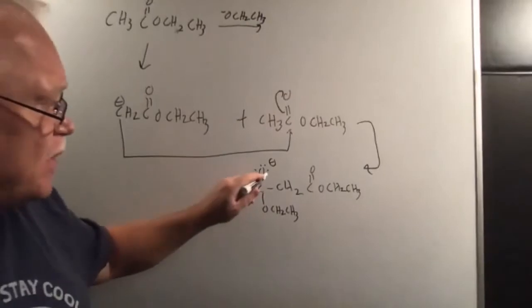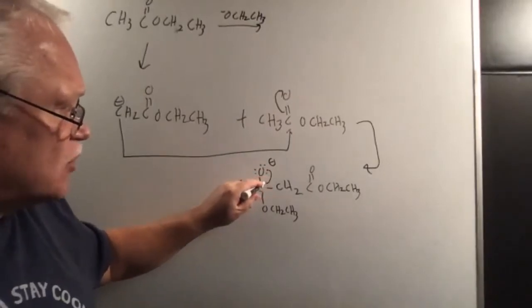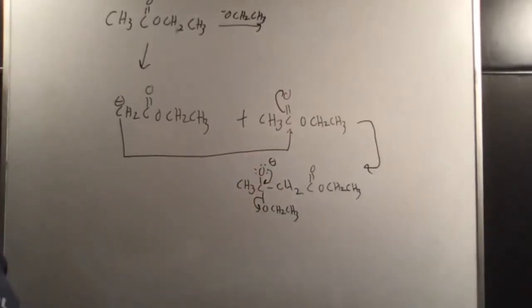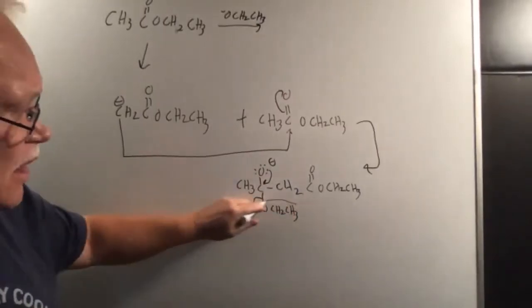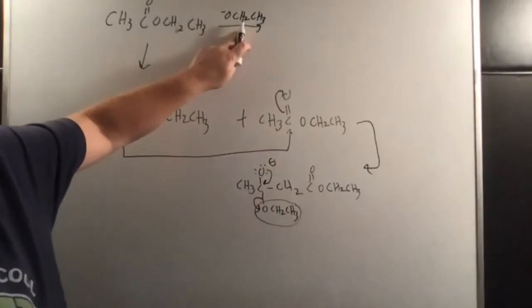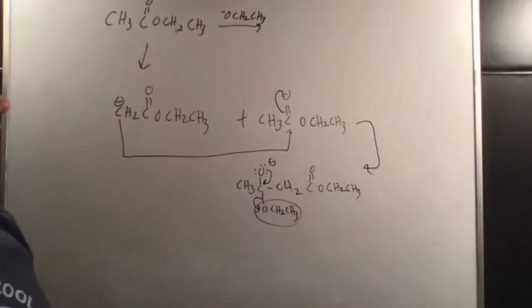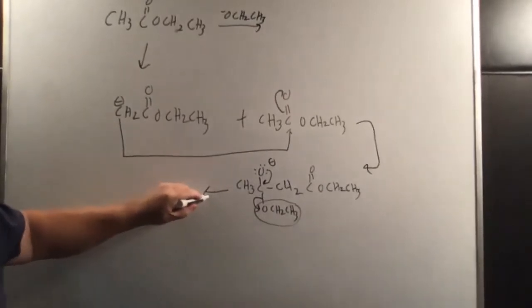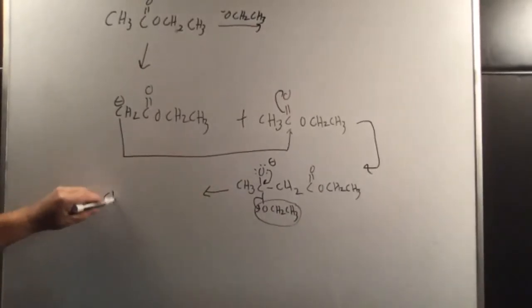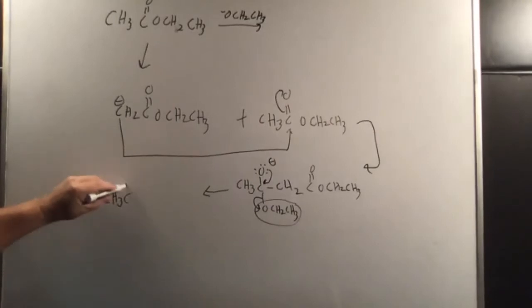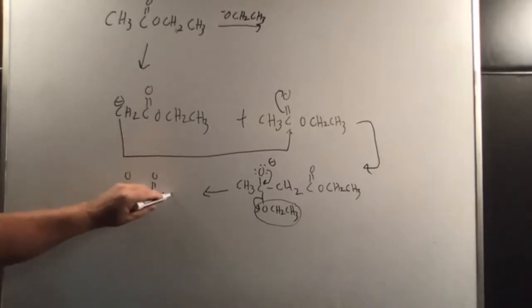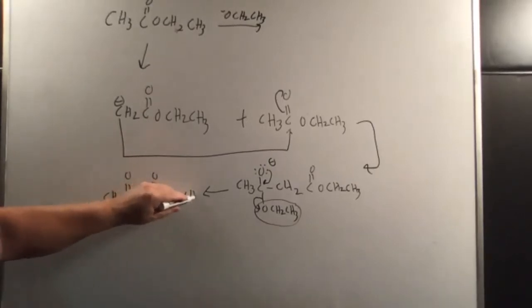Now this pair of electrons can kick down because this is a good leaving group. Notice when this leaves, it regenerates the base that was needed to do the reaction. So now I'm just going to repeat the process: CH3, C double bond O, CH2, C double bond O, O, CH2, CH3.